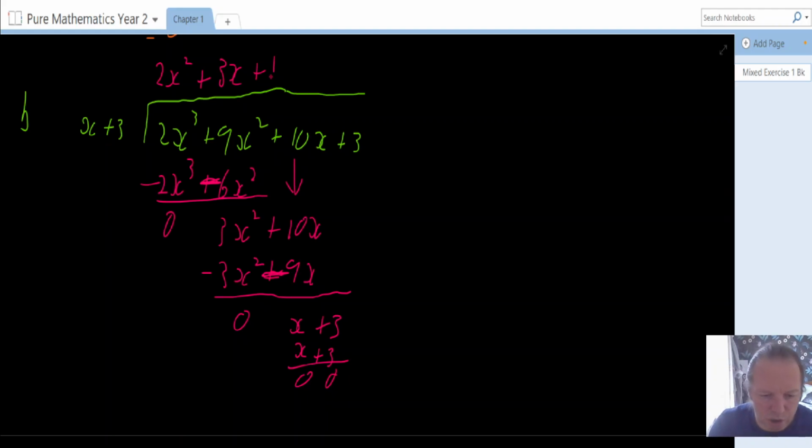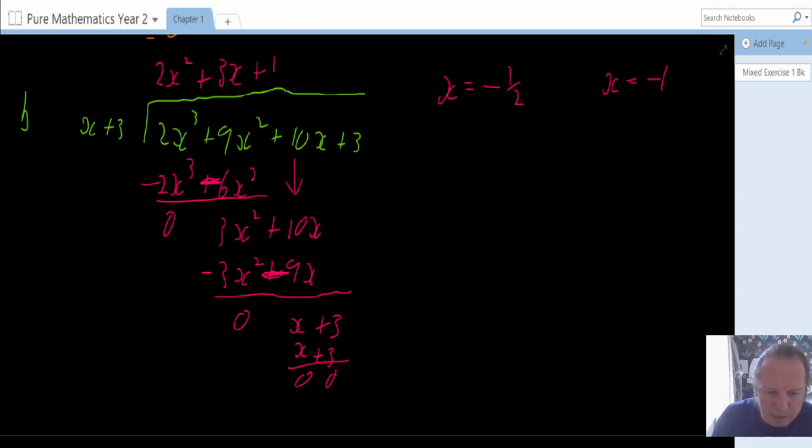Now then, 2x squared plus 3x plus 1. Factorizing that as well, I'm going to use the calculator to solve the polynomial. So we've got 2, 3, and 1 as our options here, and I get the answer of x equals minus a half and also x equals minus 1.